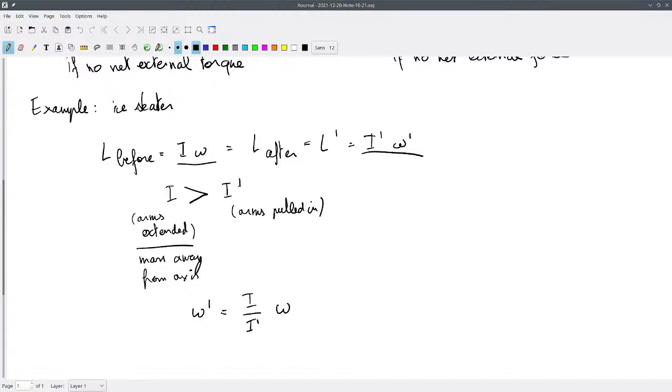And if I is greater than I prime, then that means that omega prime will be greater than omega, right? So when you pull your arms in, you're going to have a faster rotation, a faster angular velocity with your arms pulled in.